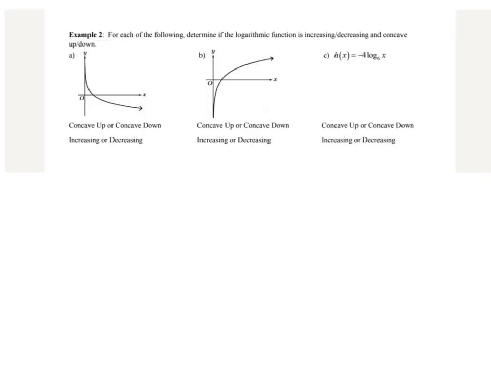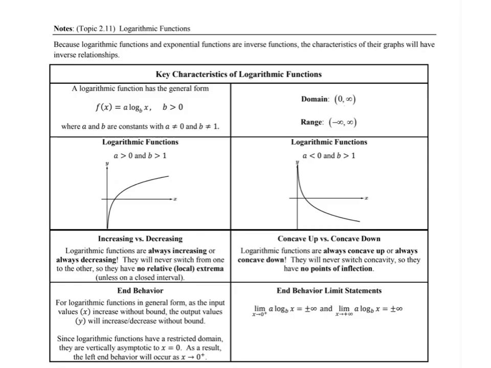Check out the domain on this one: 0 to infinity. You see that? The domain of the other one would have been all real numbers, so the range here is all real numbers. They're exactly inversely related.